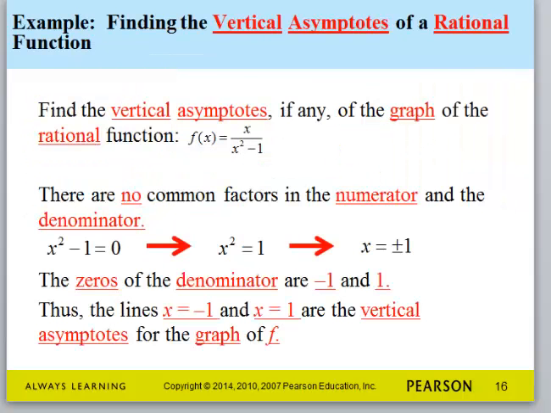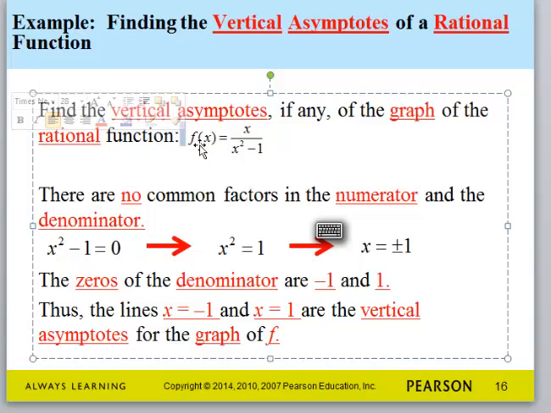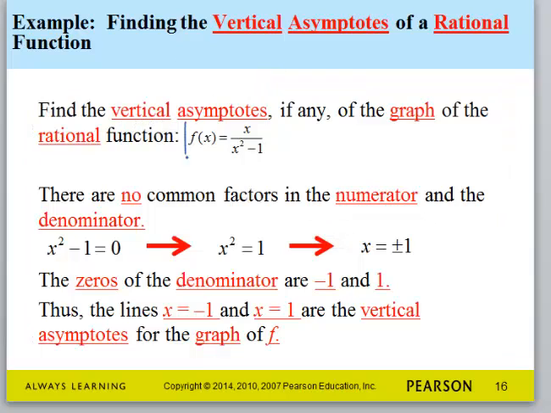Now, to find the vertical asymptotes of a graph, if they exist, but sometimes you don't find any, you need to proceed in the following way. For example, for this function right here, f of x is equal to x over x squared minus 1.